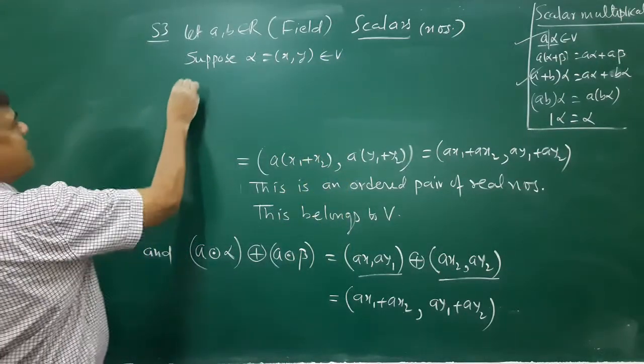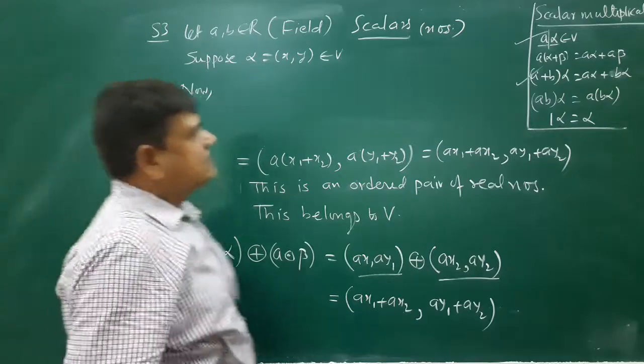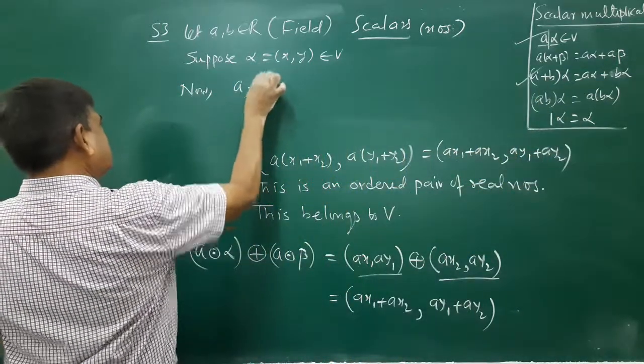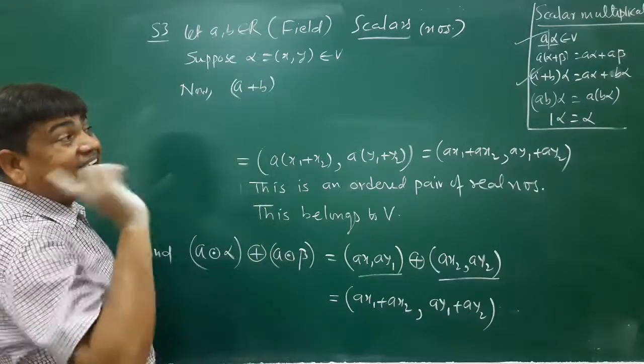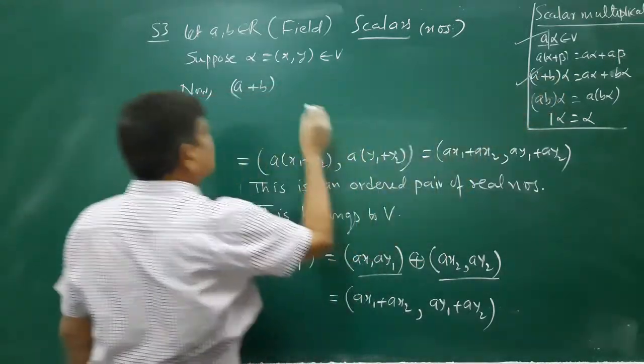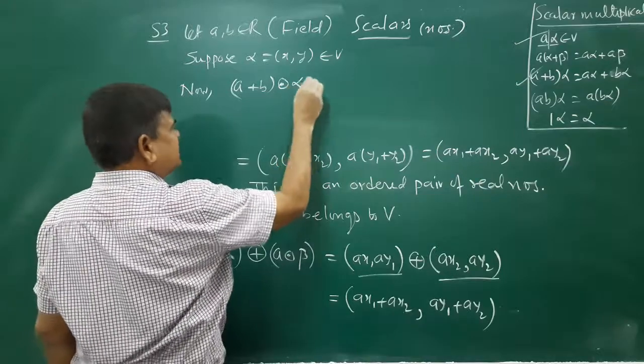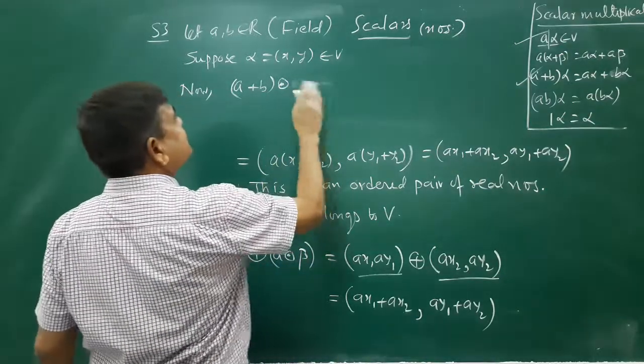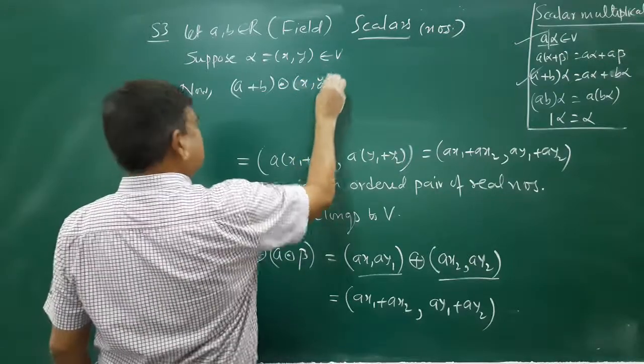Now I consider this. So it is (a plus b) alpha. Alpha means (x, y).